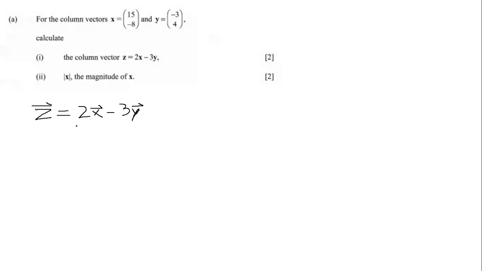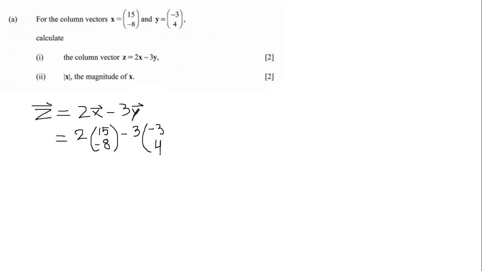We know the vector x is 15 and -8, so let's substitute. It's 2 multiplied by the vector 15 and -8, minus 3 times the vector y, and the vector y is -3 and 4.